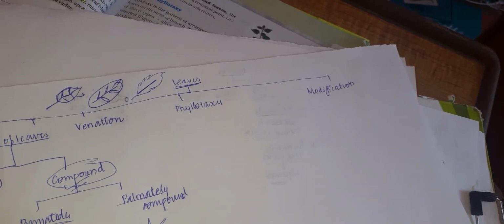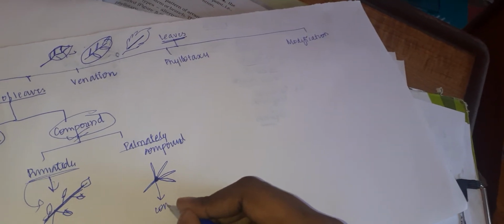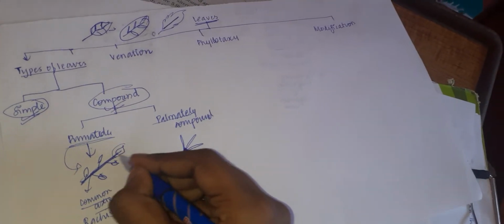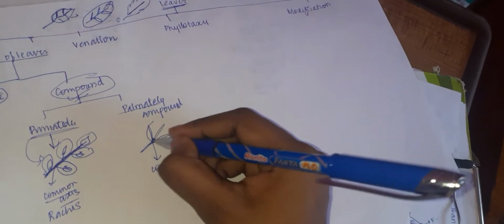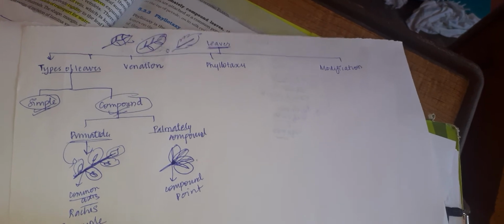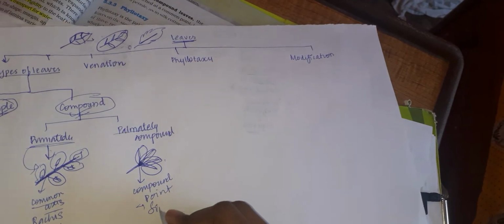This common axis is called the rachis, and this is just a common point. And you have leaflets here, not leaves. Here too, leaflets. Examples: neem, obviously, and here is silk cotton.